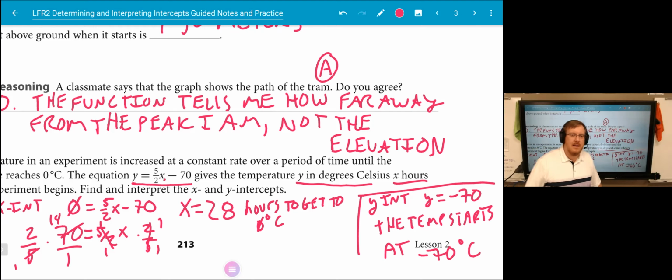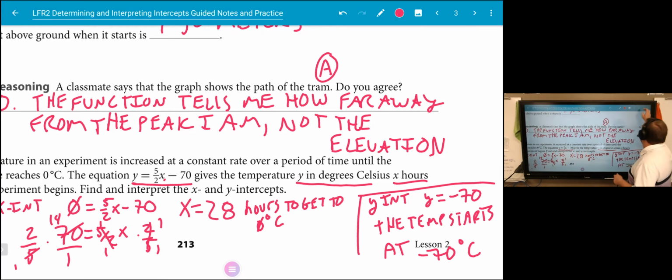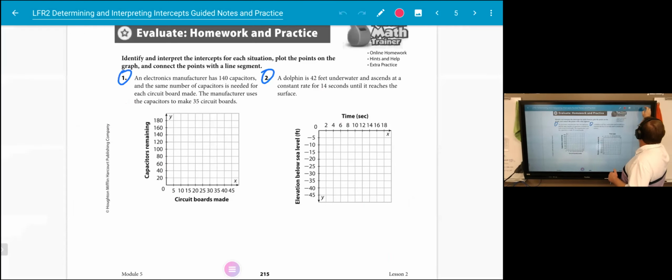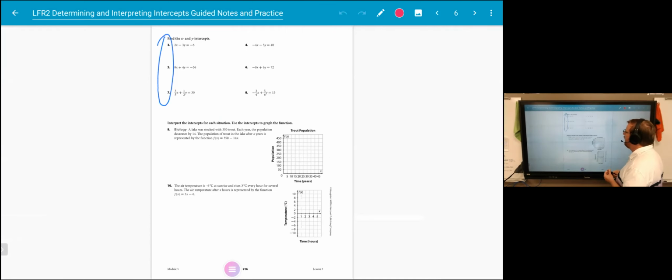Now, those are some tough ones, and that's okay. What I want you to do is go ahead, I've already given you some practice from the first one. I'm going to give you some more practice right now. Make sure that you're checking your answers with the solutions guide. After you've done that, you're going to need to turn these in, because I want to see what you've been working on. We already had 1 and 2. We already had 3, 5, and 7.